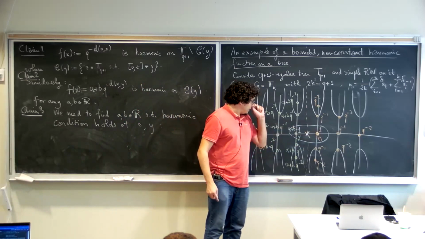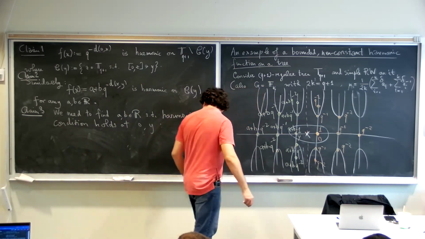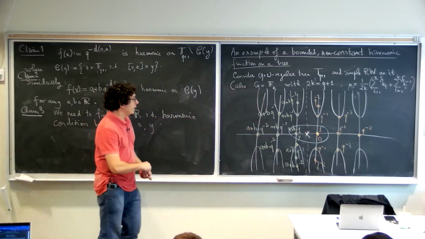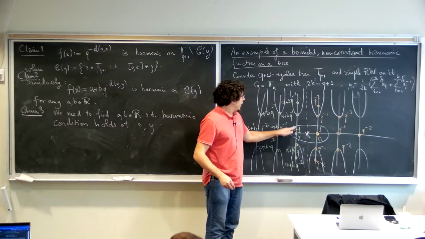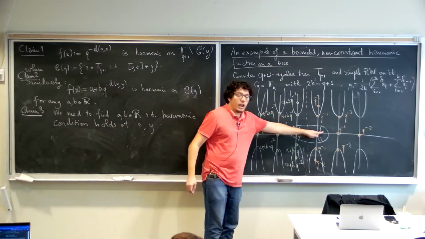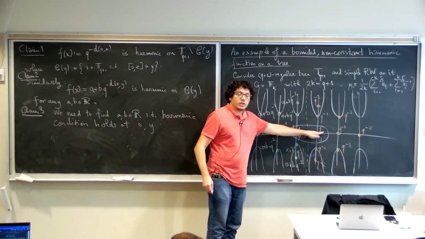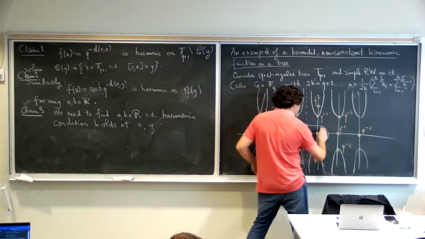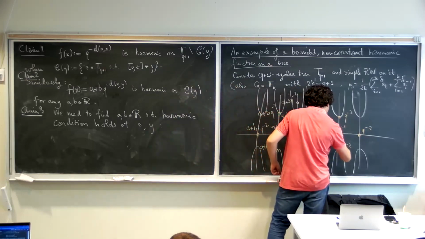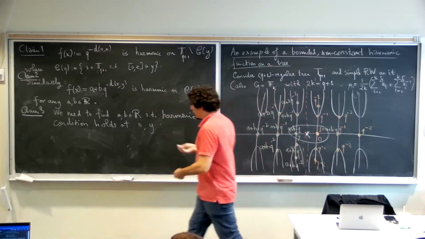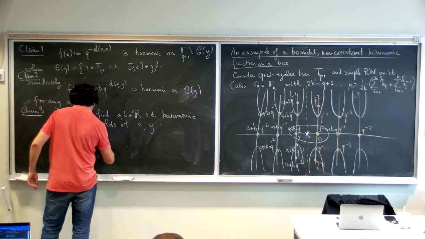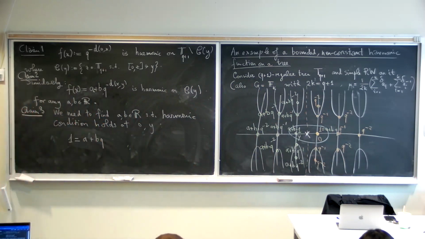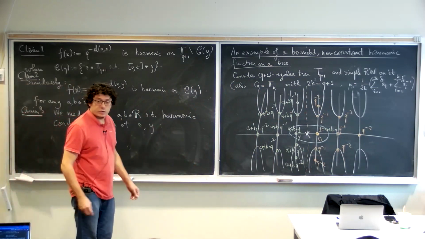And what would the value be if we apply the formula on the left? Well, this is a plus b times 1, a plus b times q to the minus 1. So this would be a plus b times q. If you apply the same formula, this would be a plus b times q. So the first formula would be that 1 has to be a plus b q. This is the value at 0.